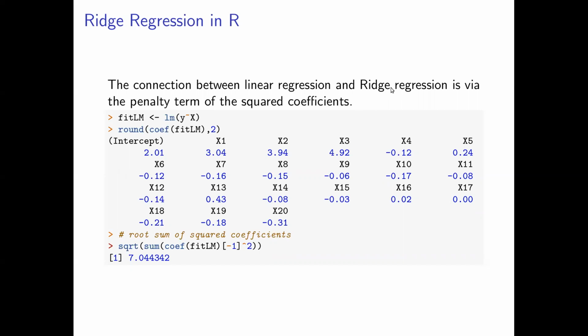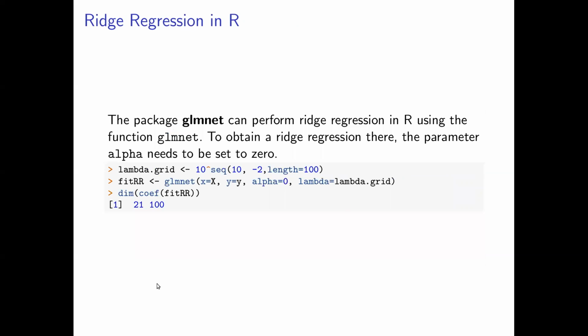The ridge regression is now built on this linear model coefficients, but this root sum of the squared coefficients will be the part which will be minimized in addition to the least squares estimation.